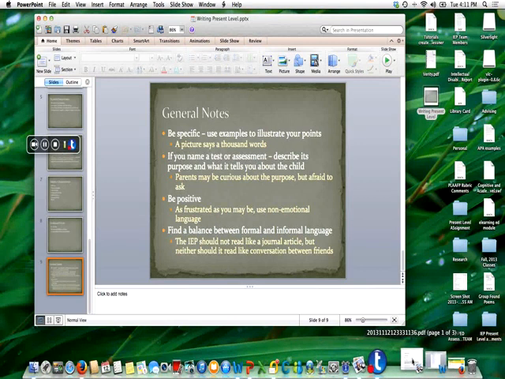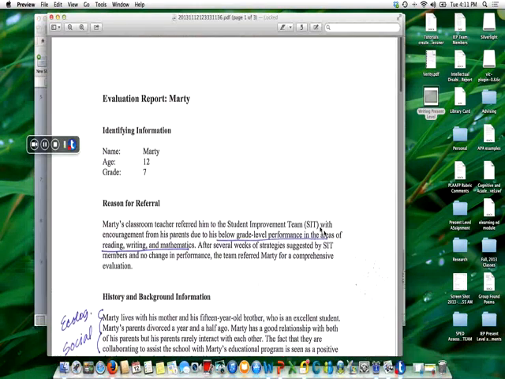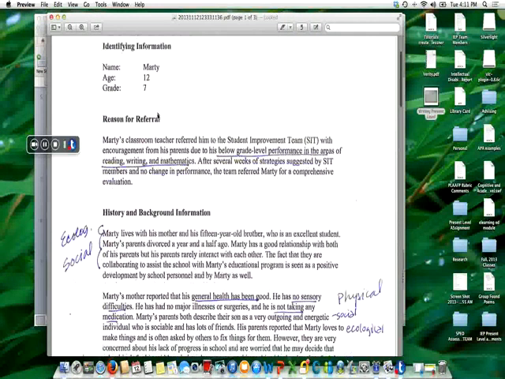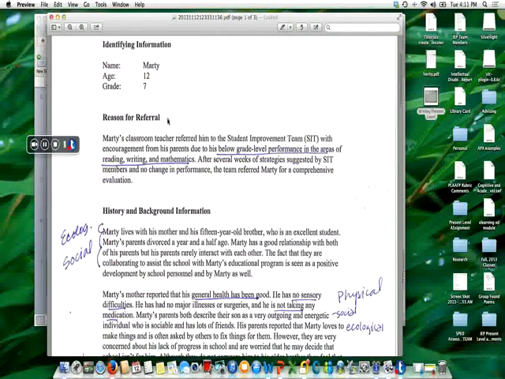Okay, I'm going to just switch some screens, and I want to just pull up Marty here, and I have it right here actually. Okay, so this is the evaluation report on Marty. This is right from your CD, your IEP CD. We're just talking about Marty. He's age 12. He's in 7th grade.